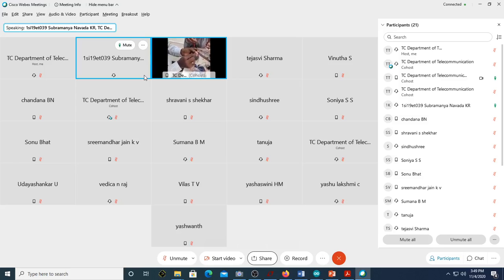Now if I remove it, it went off. This is one switch. There is one more switch.